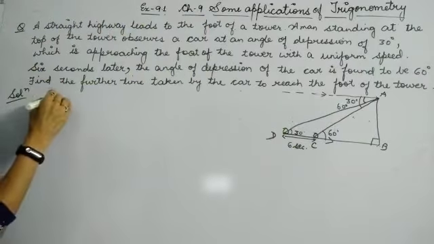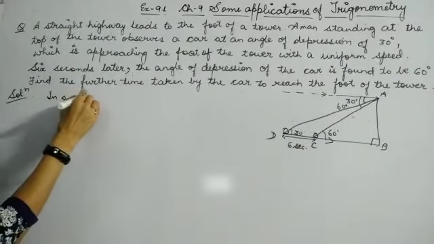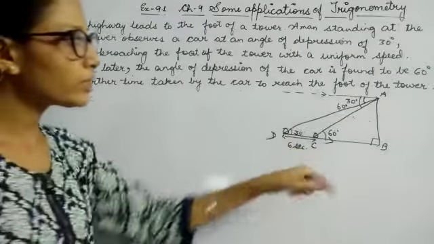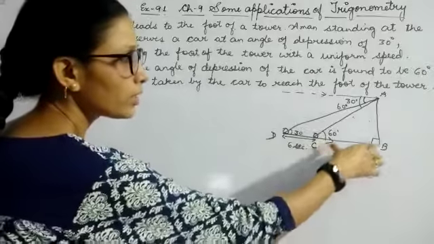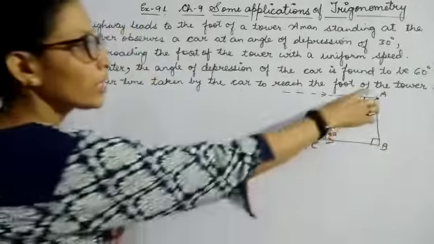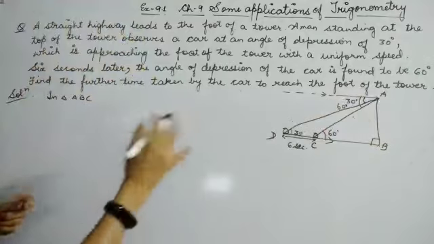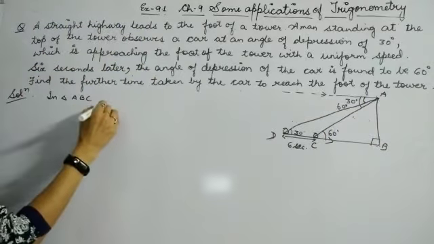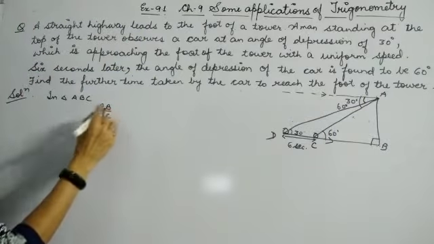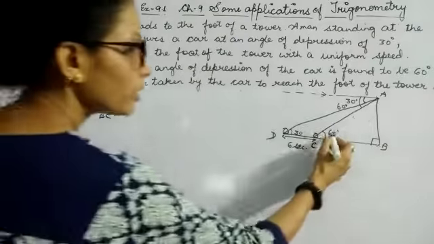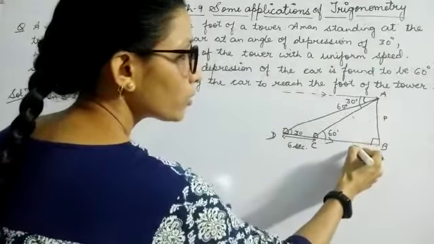I will be taking triangle ABC. In triangle ABC, I will be taking BC upon AB. Since AB is common in both the triangles, so I will be taking it as AB upon BC or BC upon AB, one and the same thing. This is your perpendicular and this is your base.